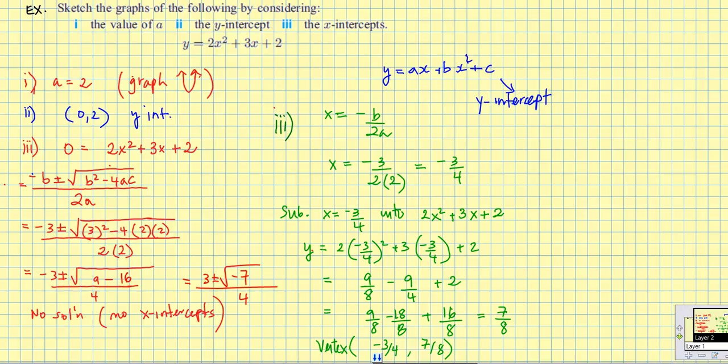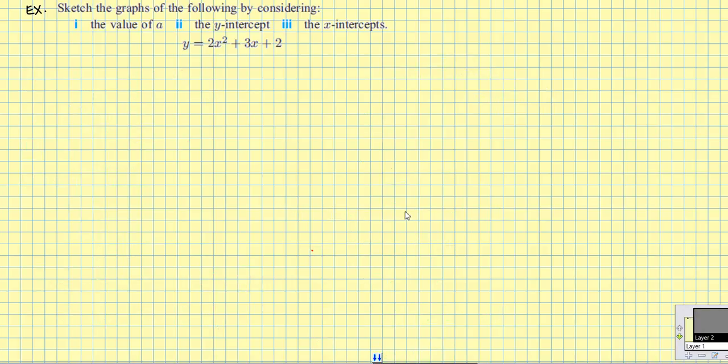Now it says, sketch the graph of the following by considering the value of a, the y-intercept, and the x-intercepts. Okay, so let's start looking at the value of a. Well, we know that the value of a is equal to 2.